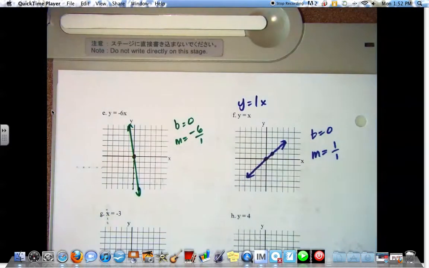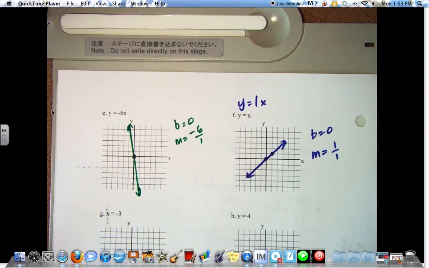All right, G. What's my y-intercept? What's different about this one? It's x equals a number. What did we talk about on the front with x? X equals... what type of slope does it have?